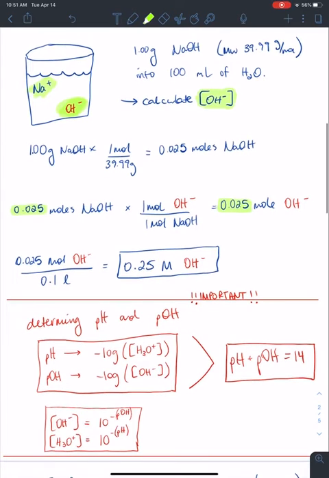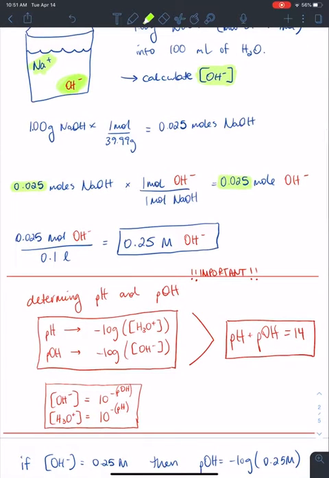So, if we know that we put that many moles of hydroxide anions into 100 milliliters of water, it's pretty straightforward to calculate concentration. Remember that concentration is equal to moles of the thing you're interested in over total volume. Total volume in this case is 100 milliliters, but we can't use milliliters.